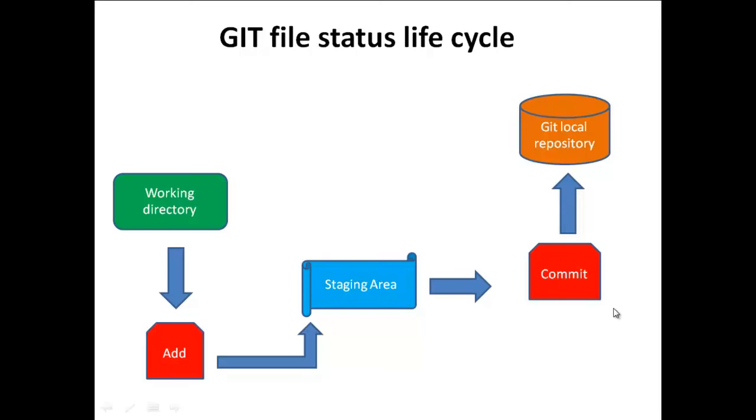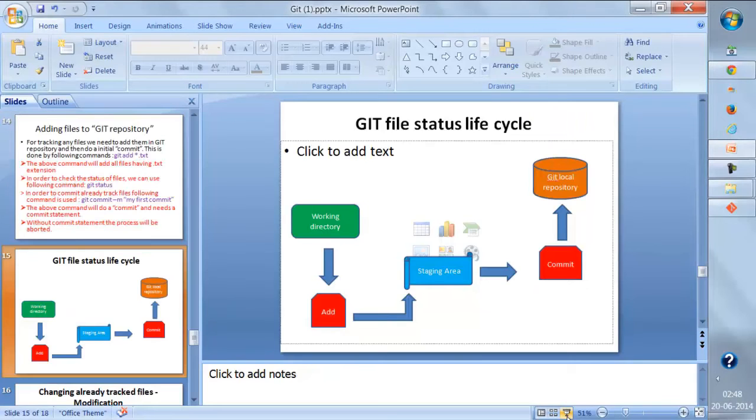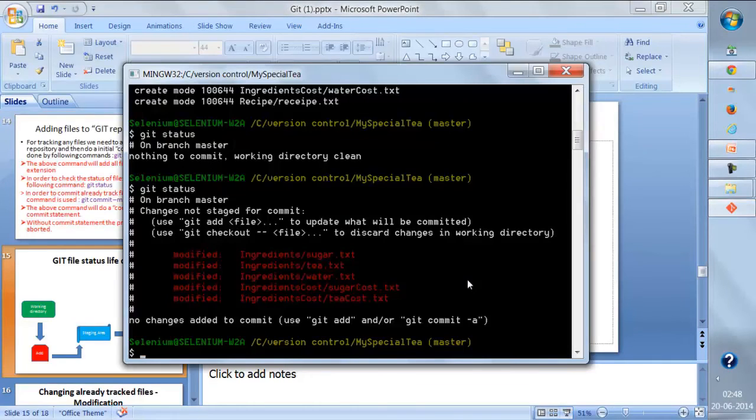Now, when I have made changes to these files which are being tracked, this time again I need to add these files for the next commit. So I'll again fire the command git add star.txt, and let's see if it adds the entire set of files or only the files in which changes were made.